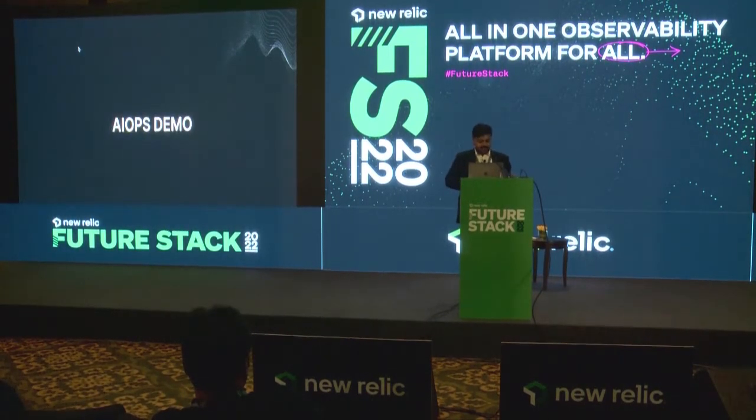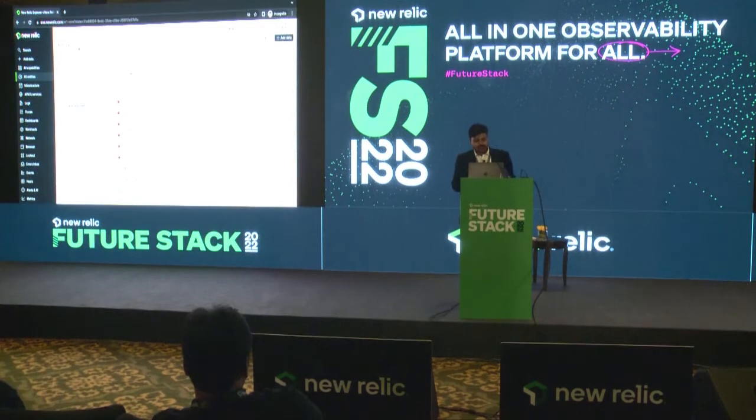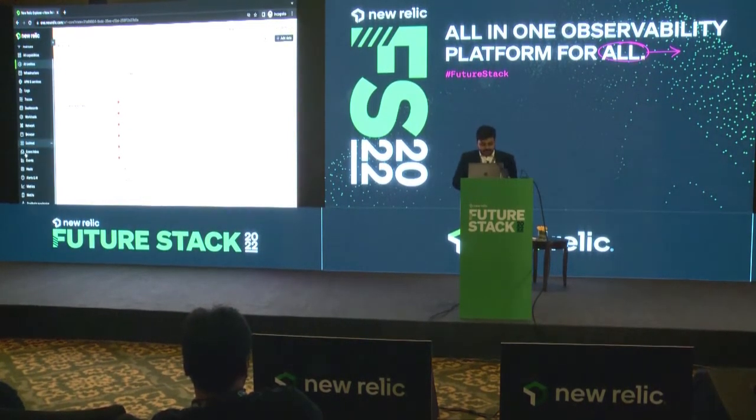So let's look at this in action. So here's the New Relic screen. For leveraging AI Ops, all you have to do is go to this Alerts and AI section. Once you go there, you'll see a section called Issues and Activities.